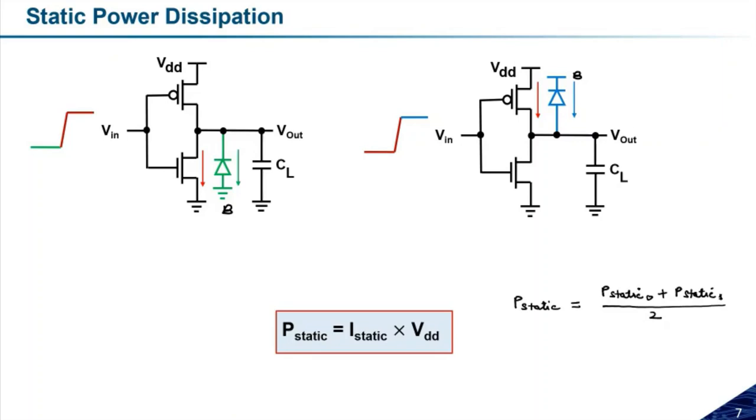Then we will get the total static power dissipation in the circuit. So this is the expression, or the justification, for static power dissipation. This is all about the static power dissipation.